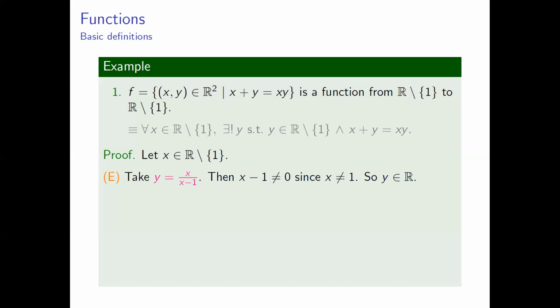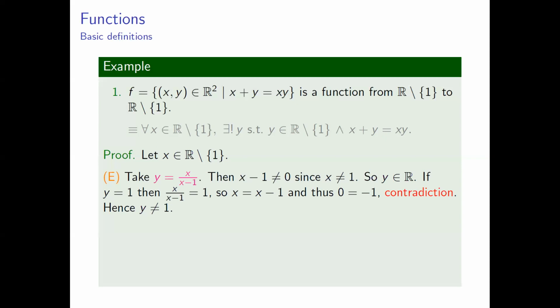To show that y is not equal to 1, observe that if y equals 1, then x over x − 1 equals 1, so x equals x − 1, and thus 0 equals −1, a contradiction. Hence, y is not equal to 1, and y is an element of the set of all real numbers not equal to 1.